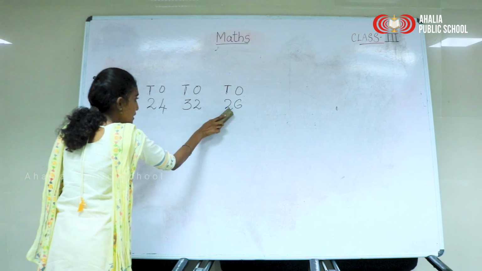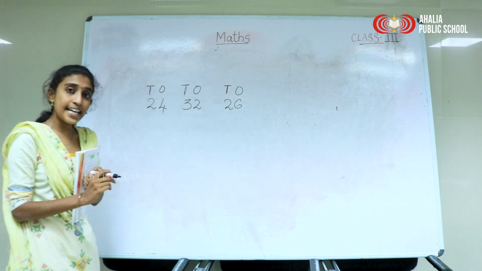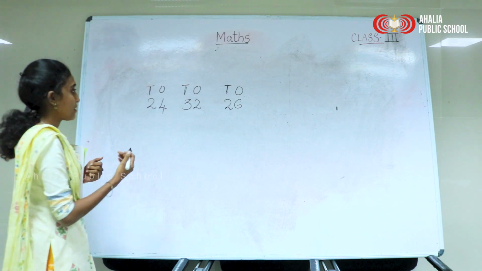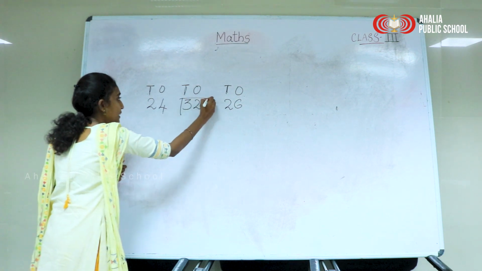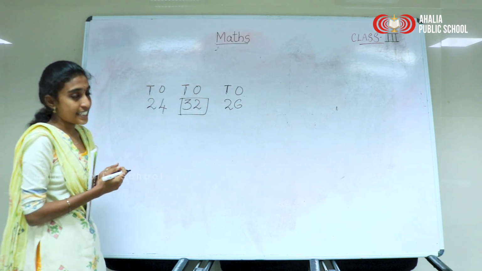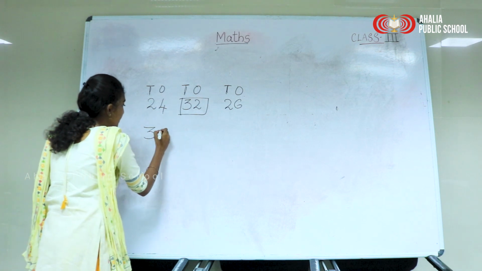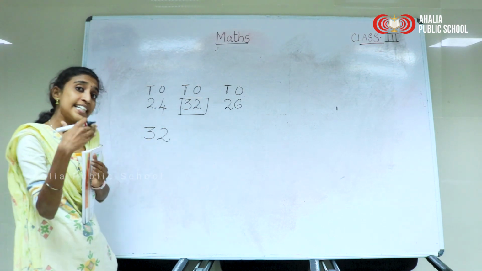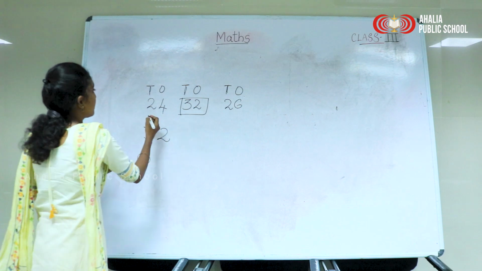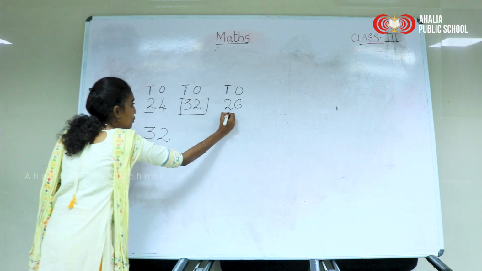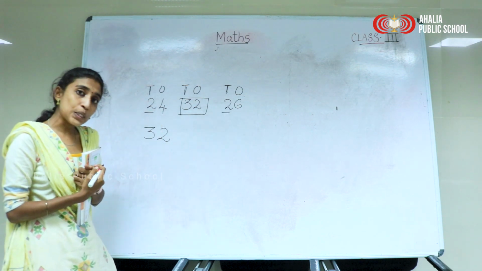Now, shall we learn how to write in ascending order and descending order? Yes. So first we have found out that 32 is the greatest number. So 32. And which is the next greatest number? Comparing 2 with 2. 2 is equal to 2.